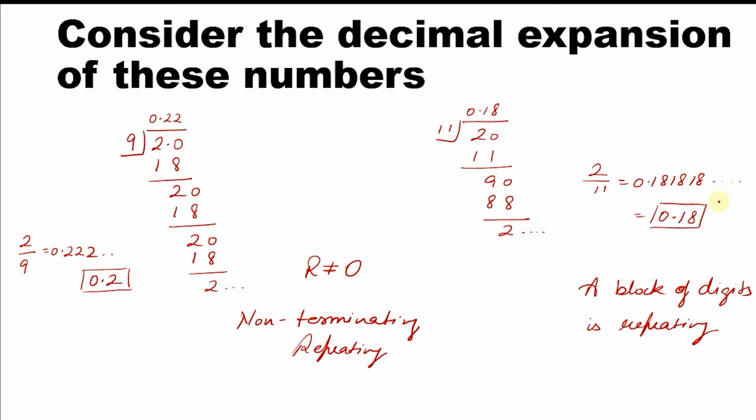Now here we are dividing 2.0 by 9. The remainder in the end is 2, which will again be used as a dividend and we'll keep on dividing until the remainder becomes 0. But as we can see, the remainder in this kind of example never comes to 0. So what does it mean? It is a non-terminating but repeating example.